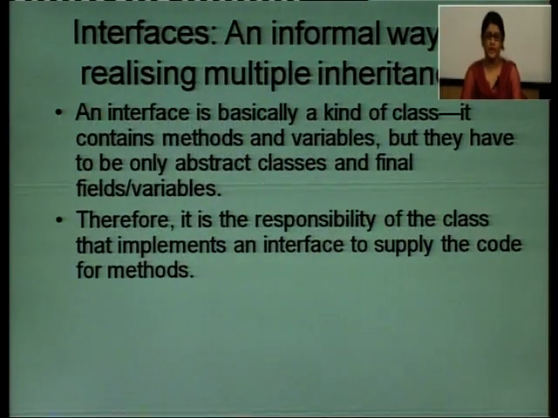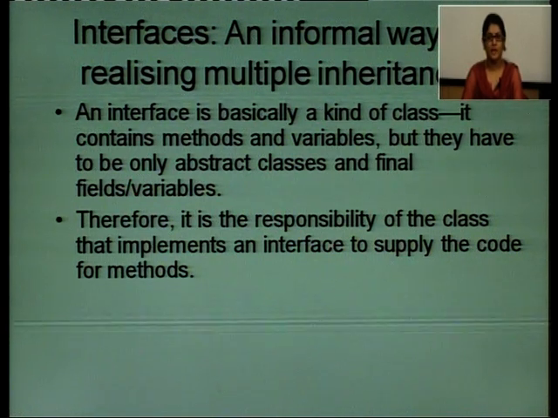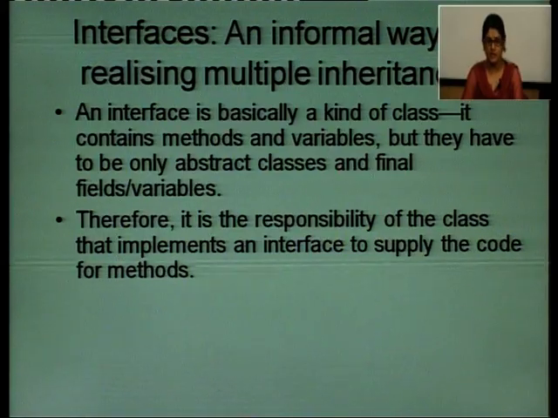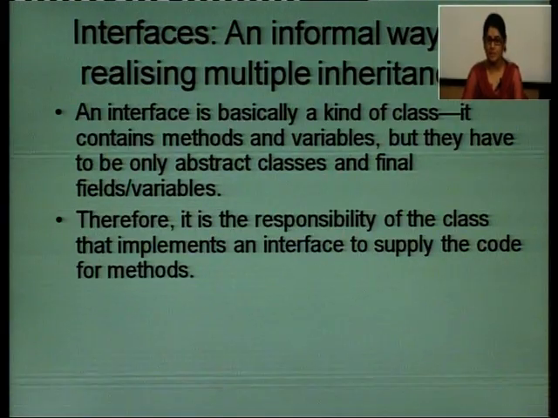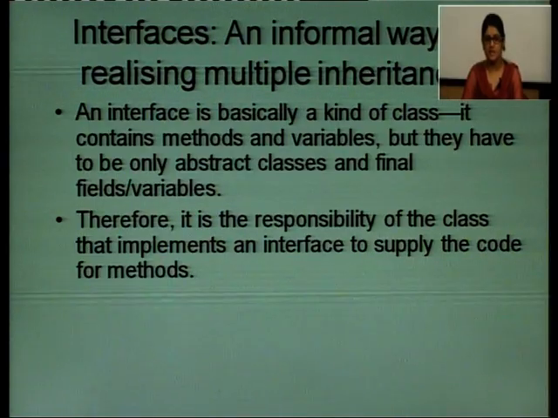Why do we use interfaces? It is an informal way of realizing multiple inheritance. As I told you, it is the indirect method by which we can achieve multiple inheritance in Java. An interface is basically a kind of class, but it is not actually a class. It is a kind of class because it contains methods and variables, the same as classes, but they have to be only abstract methods and final variables.